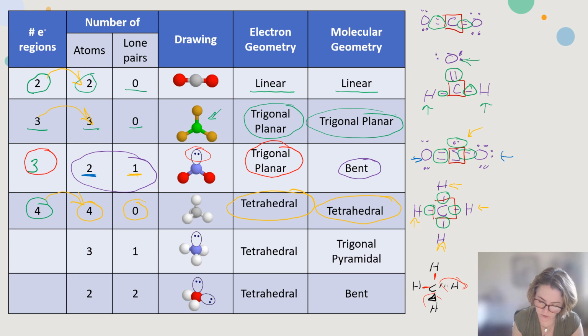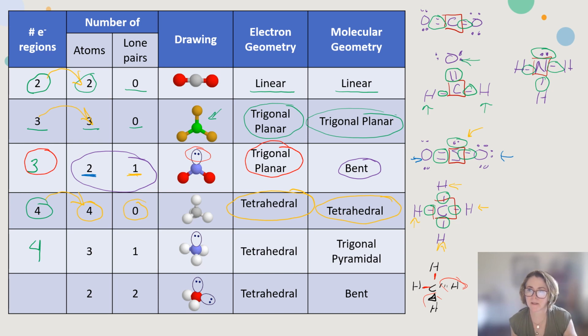I have NH3. So I have nitrogen and 3 hydrogens coming off of the nitrogen and a lone pair on my nitrogen. All right. So here, nitrogen is my central atom. And I have 3 single bonds and a lone pair. So that is going to give me 4 electron regions.